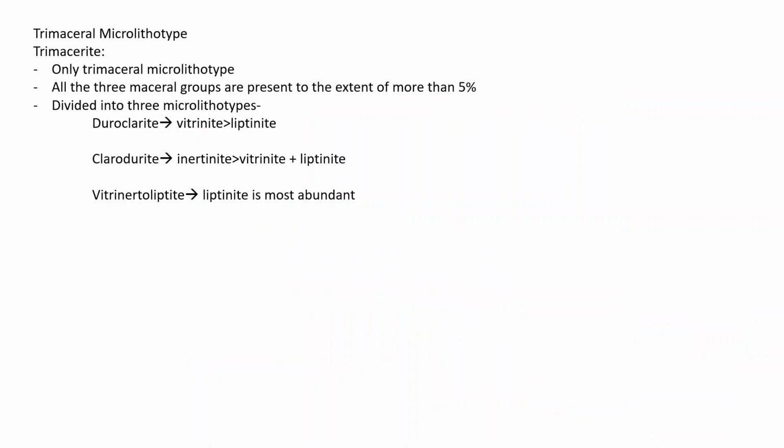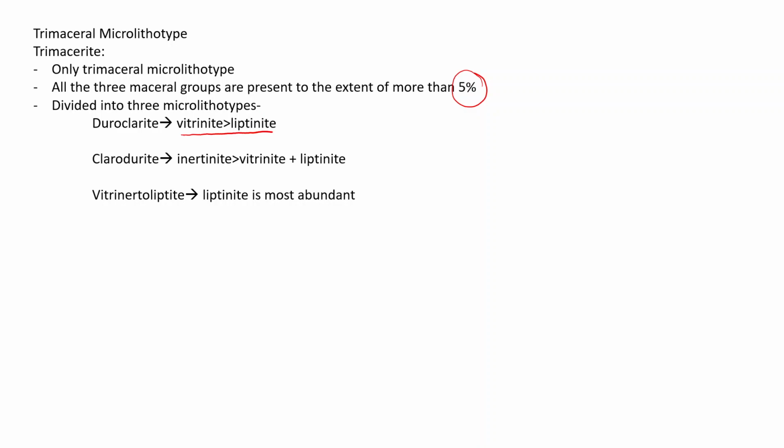And the last type of trimaceral microlithotype is trimacerite. It is the only trimaceral microlithotype, and it has all the three maceral groups present to the extent of more than 5%. It is divided into three microlithotypes: duroclarite. Here, vitrinite is more than liptinite.